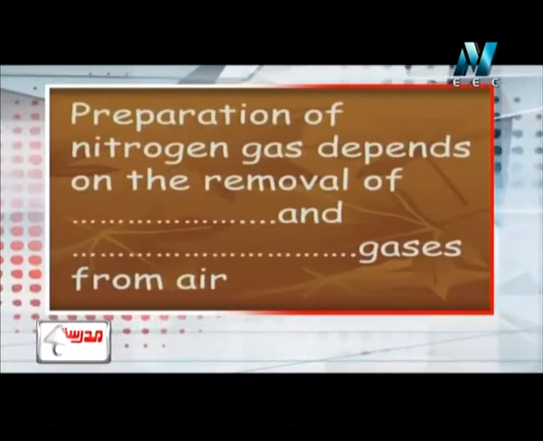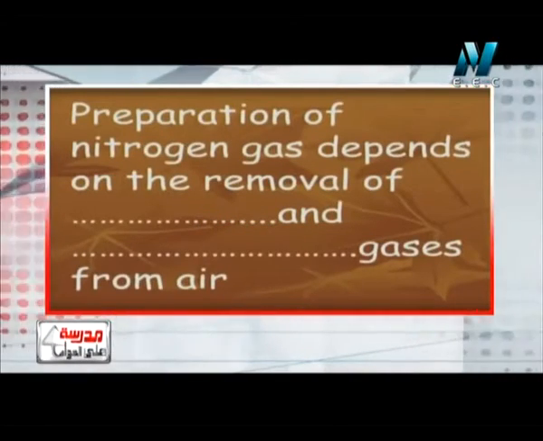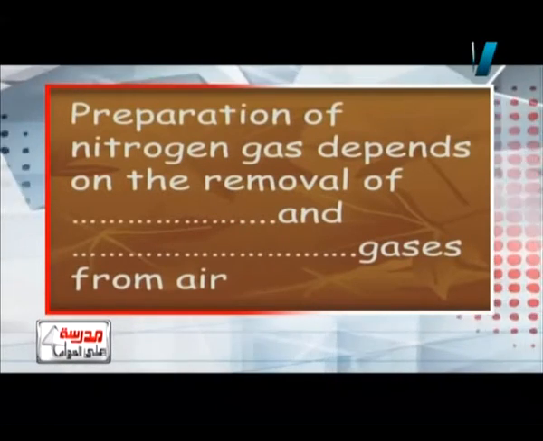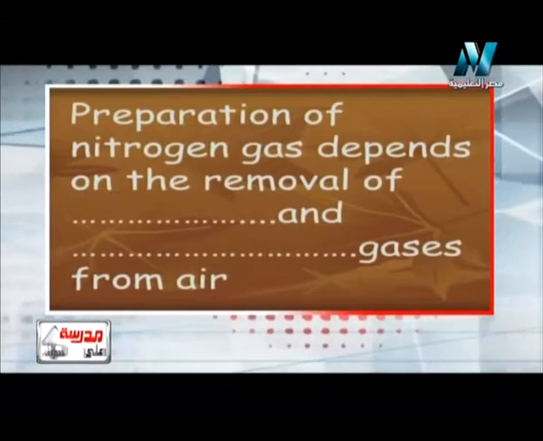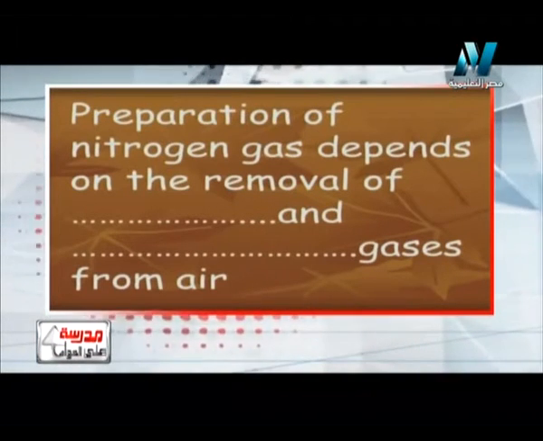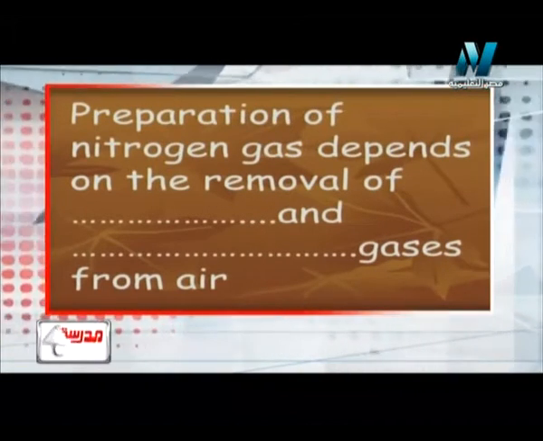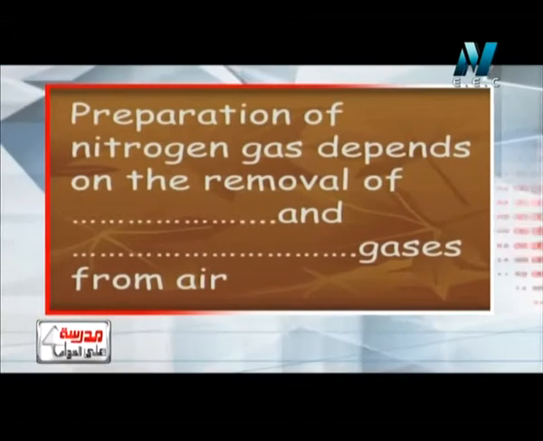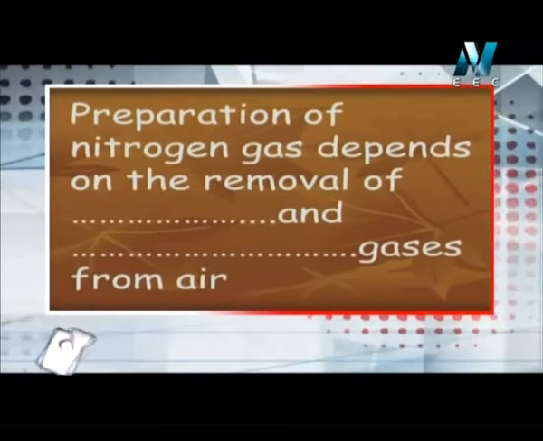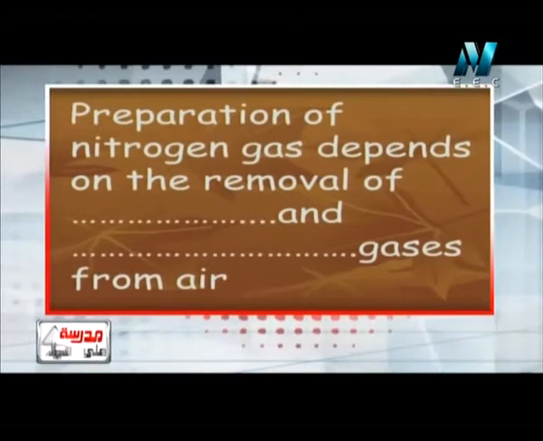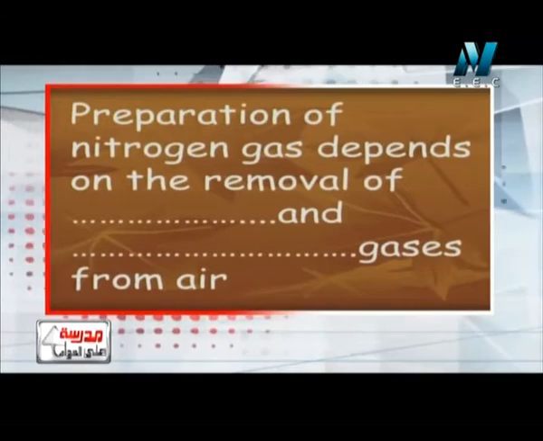Another question. Preparation of nitrogen gas depends on the removal of what and what gases from air? As we have studied, for preparation of nitrogen gas we must remove carbon dioxide and oxygen from the air to have at last nitrogen gas.